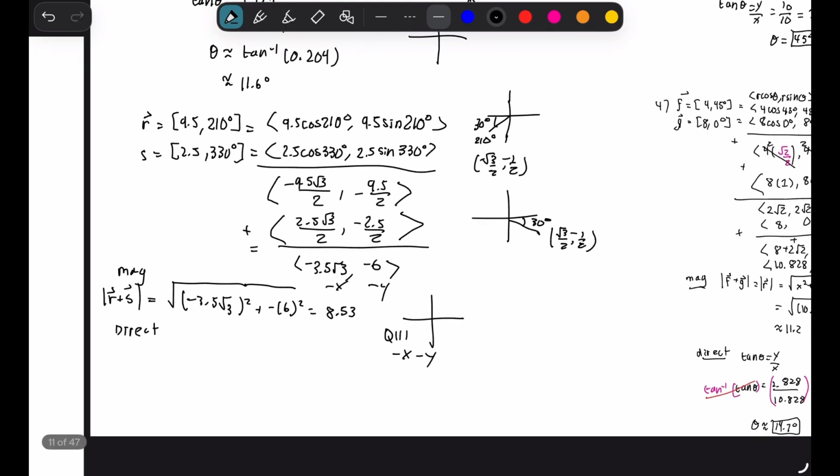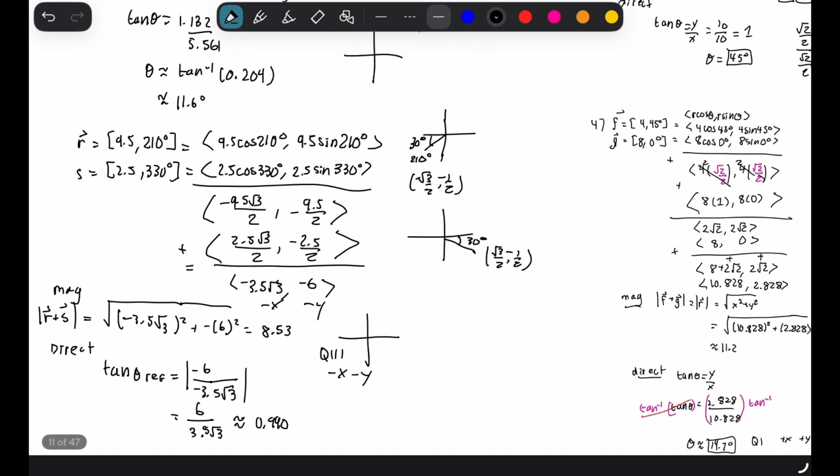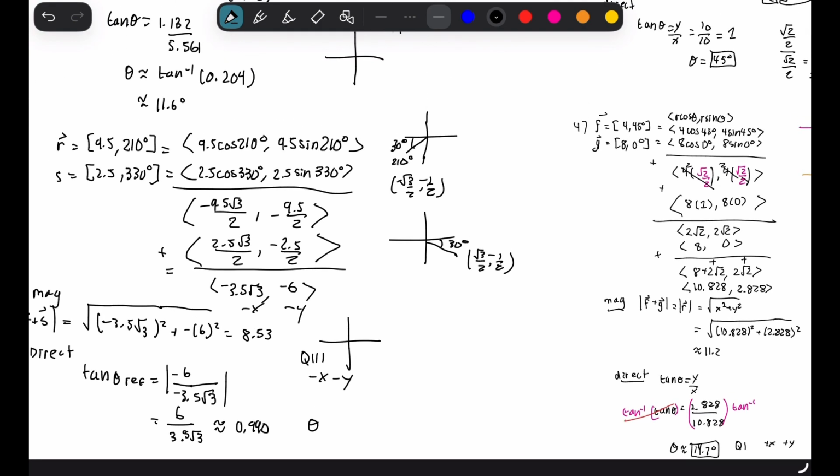So for tan theta reference, we're going to have negative 6 over negative 3.5 times the root of 3, which will be 6 over 3.5 times root of 3, approximately 0.990 for tan theta.